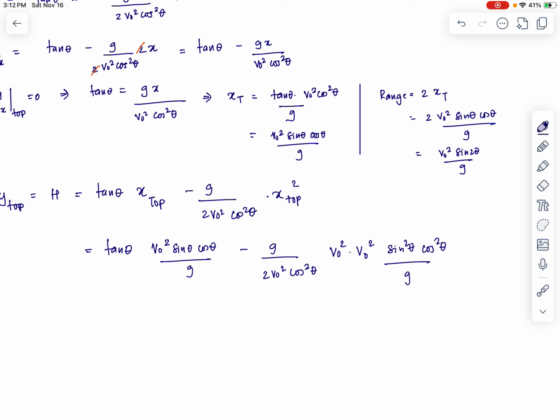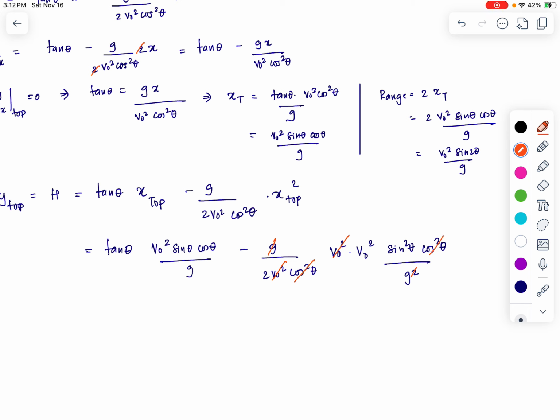Here one of the g's will cancel out, one of the v0 squares will cancel out, and one of the cos square thetas will cancel out.